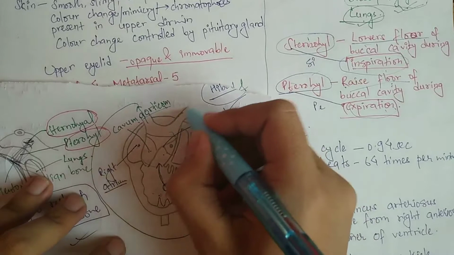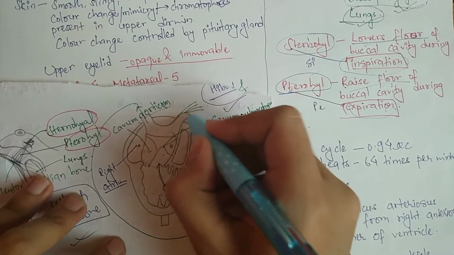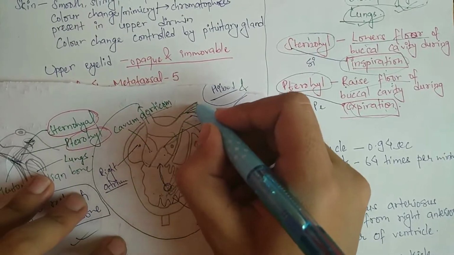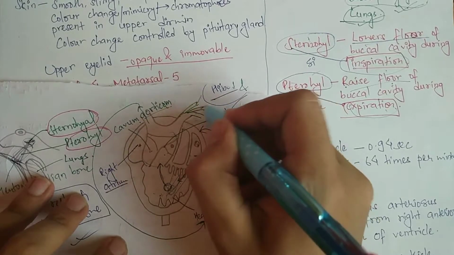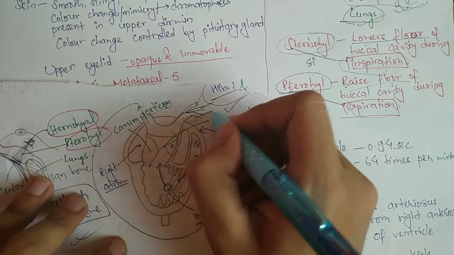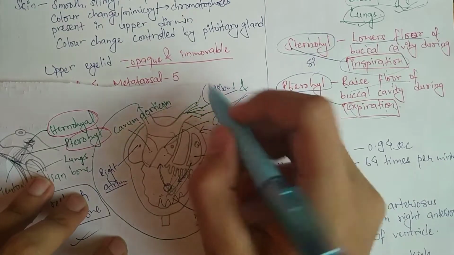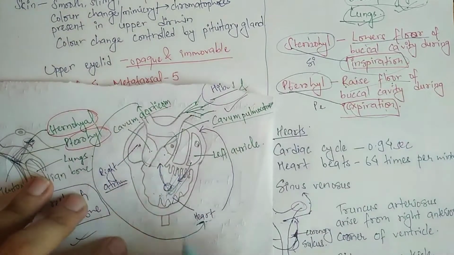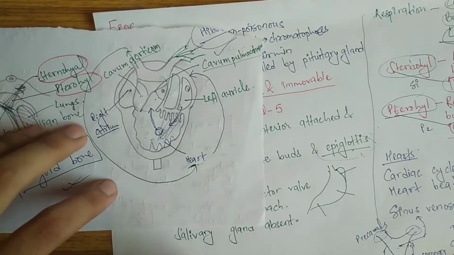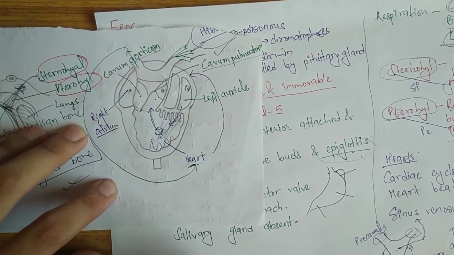And then this undergoes three branchings: carotid arch, systemic arch, and pulmonary arch. Carotid arch, starting of the carotid arch, carotid labyrinth.